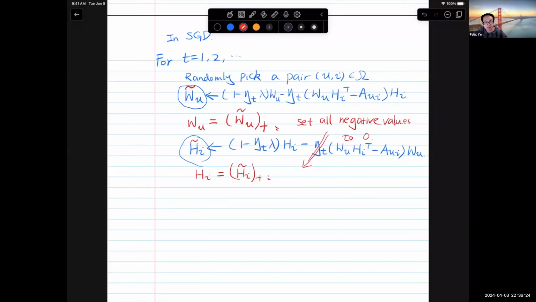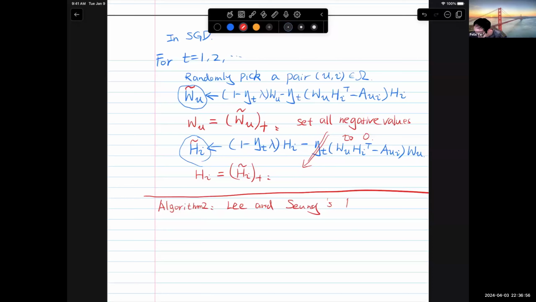Another way that we can do is a very popular method called Lee and Seung's multiplicative update rules. I mean, this is a very popular algorithm.